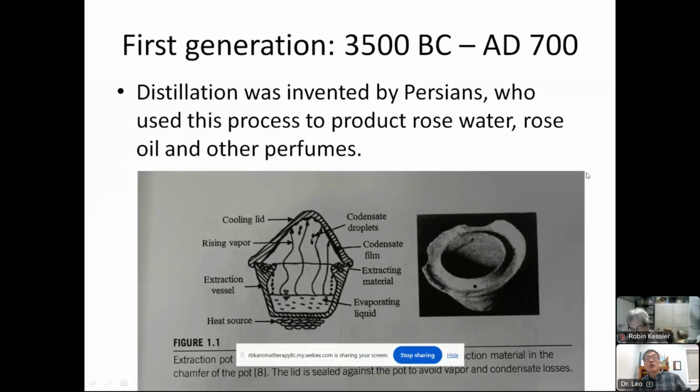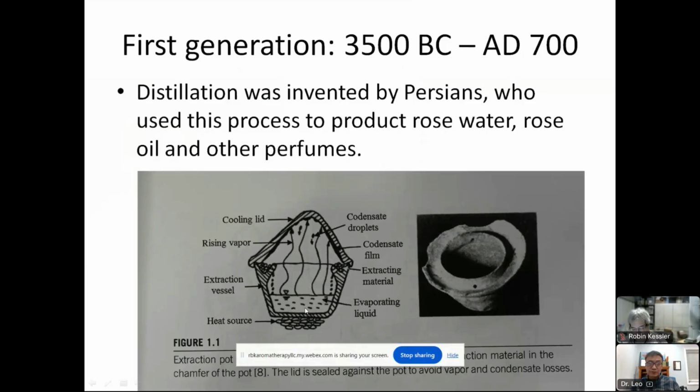In the really old time, almost 5,000 years ago, the distillation technology was invented by the Persians. They used a clay jar in two pieces. The top is the cover, and the bottom holds the liquid and material, but it has a ring, an edge.